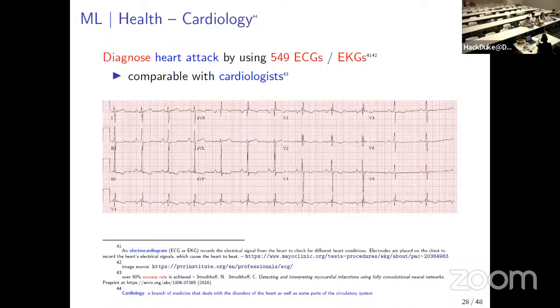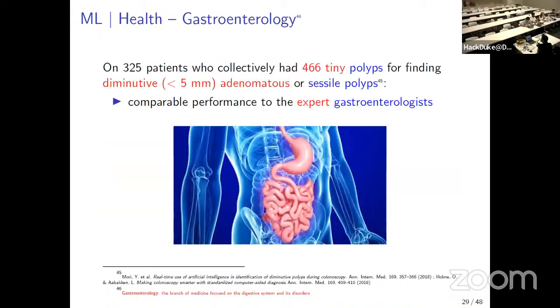Maybe you know that. They already monitor your state and tell you this kind of thing, and again, they're using machine learning to do that. And many more: gastroenterology, which is also linked to cancer, and they show performance comparable to the experts.